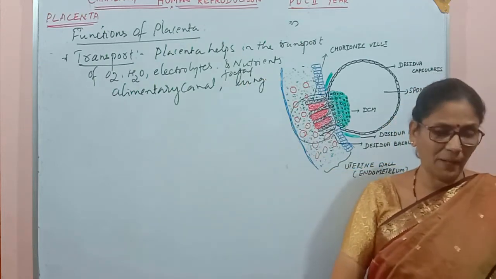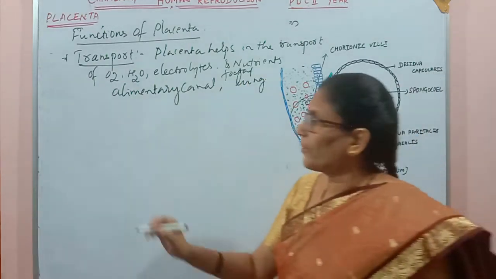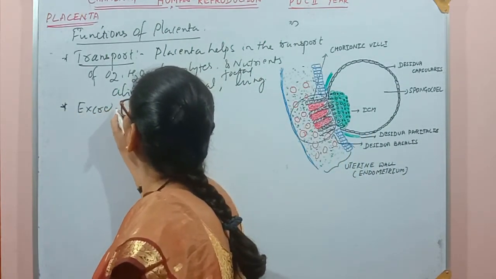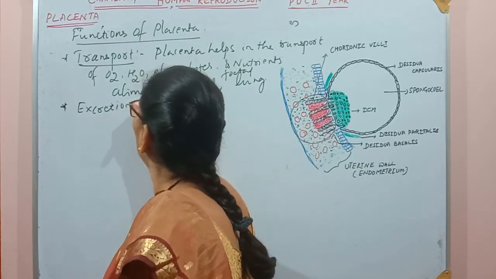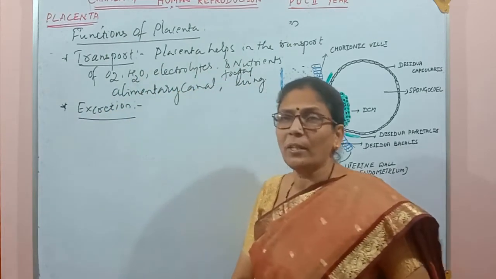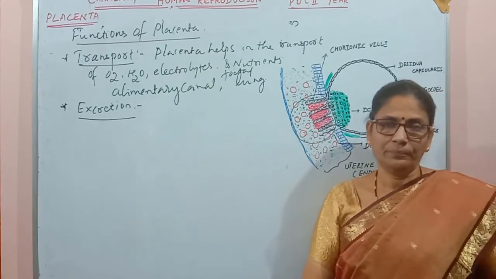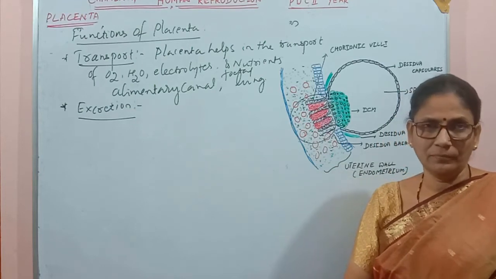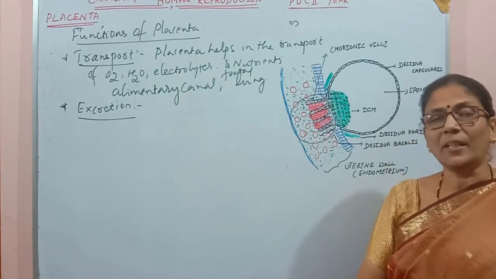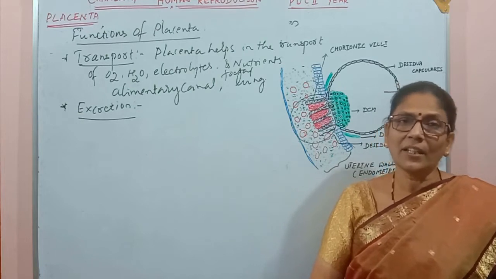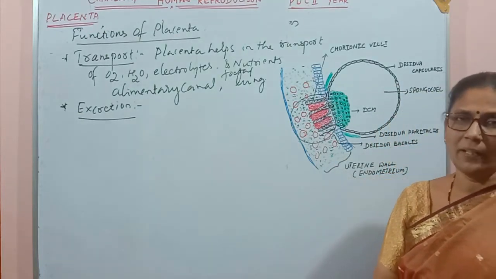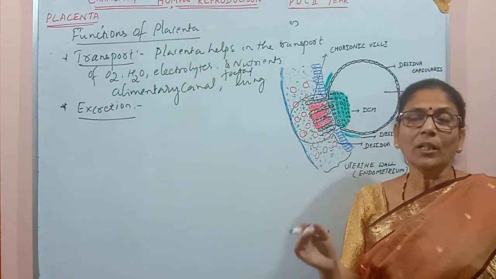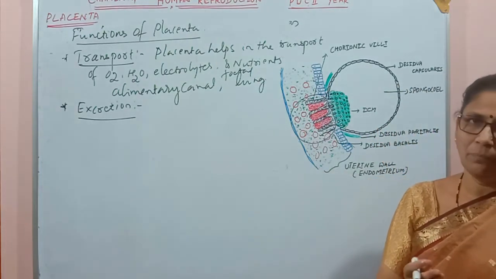The next function of the placenta is excretion. The nitrogenous waste produced in the fetus is removed from the fetus to the maternal body, where these excretory materials are removed by the excretory organs, or kidney, of the maternal body.